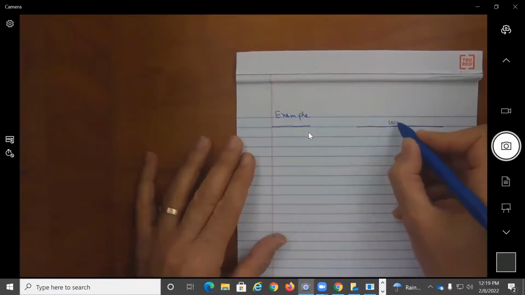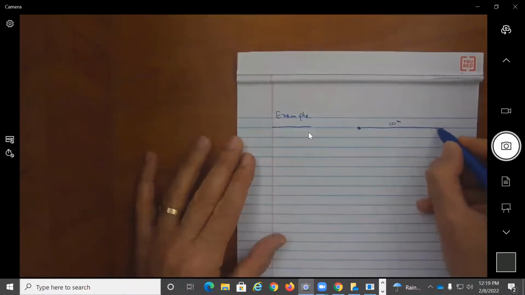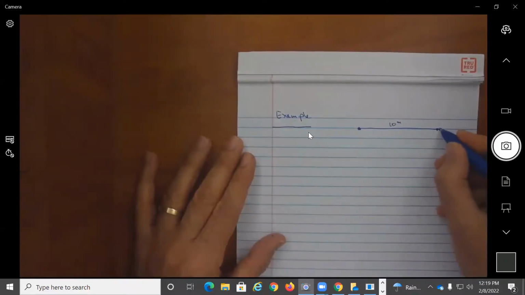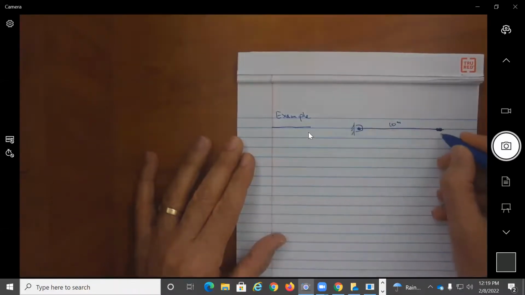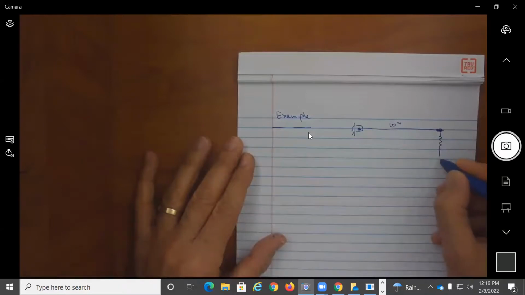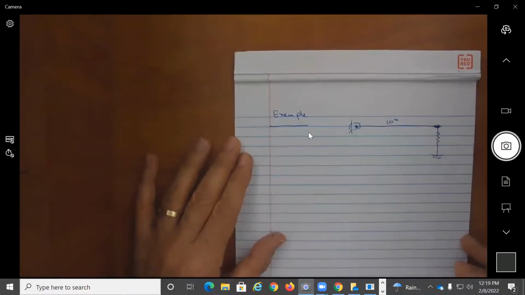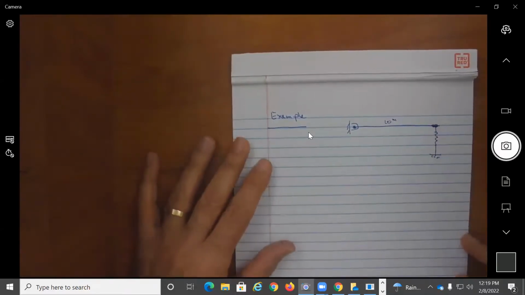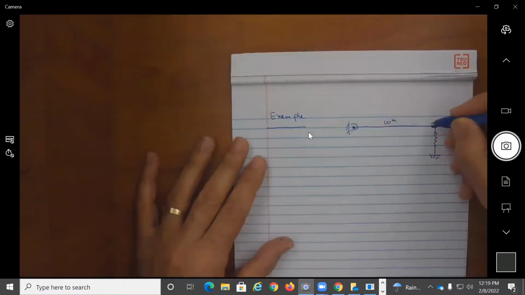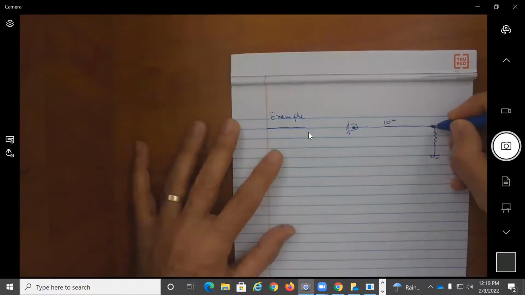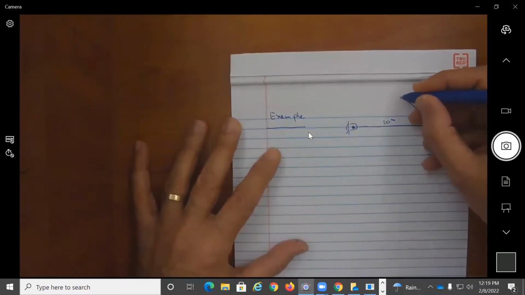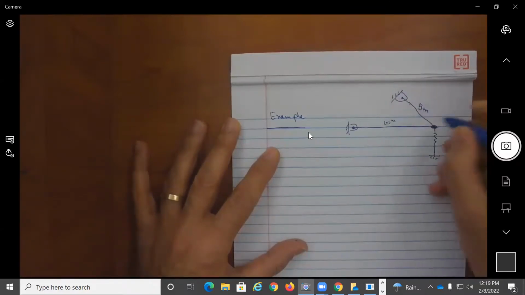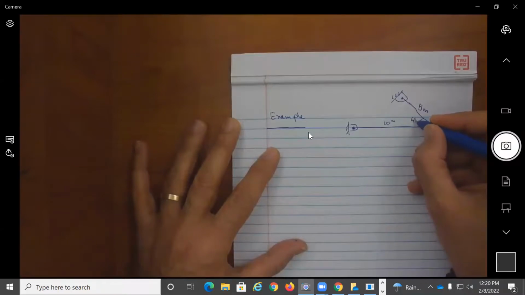So we have a 10-meter long horizontal element that is pinned at one end and supported on a spring on the other end, as well as a strut that is 5 meters long, and makes an angle of 45 degrees.